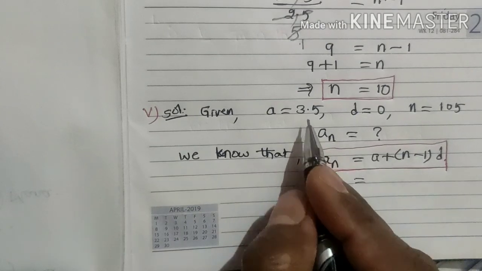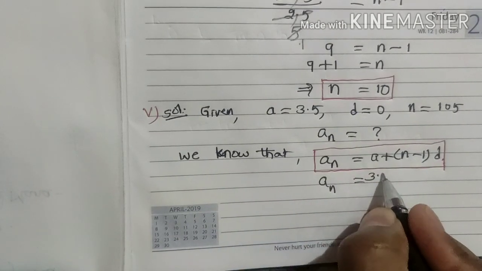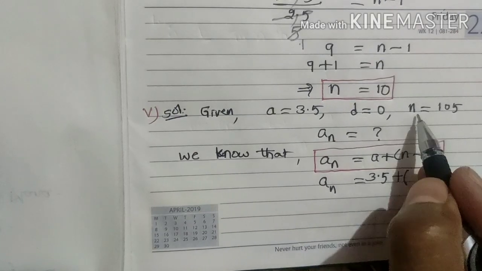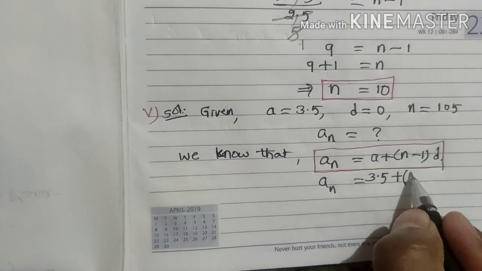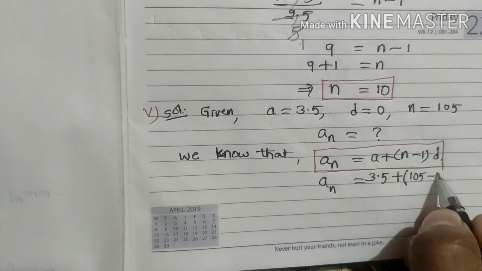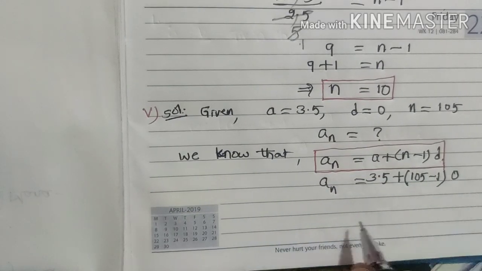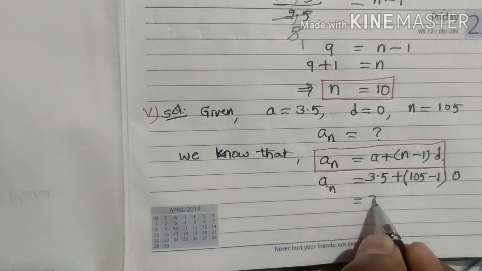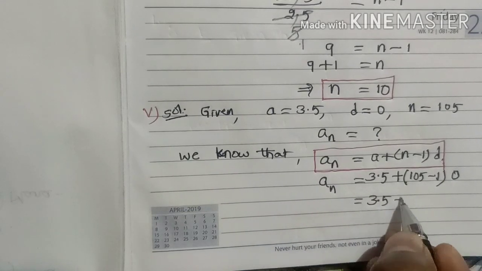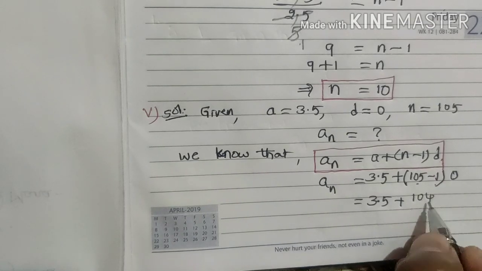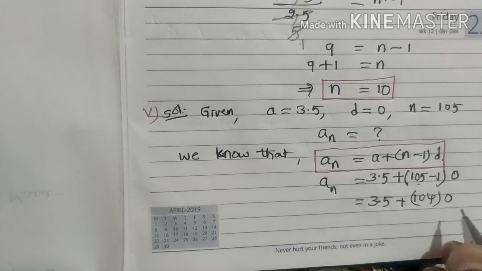A, what is a here? 3.5. You can write the a value as 3.5 plus n minus 1. The n value is 105, so 105 minus 1 into d. The d value is 0. Further, you can write 3.5 plus 105 minus 1, which is 104, multiplied with 0.